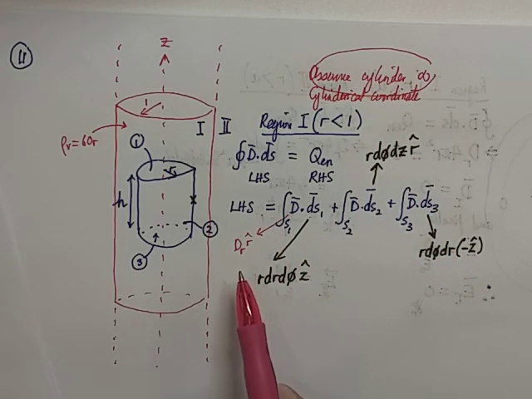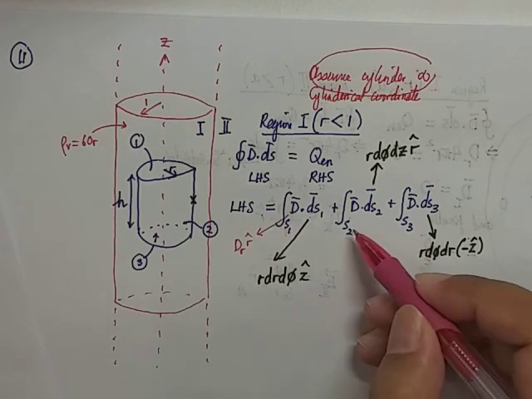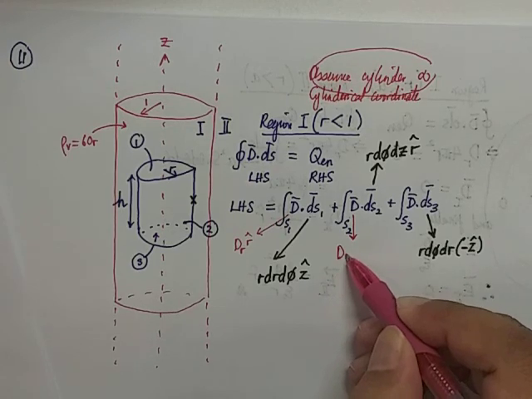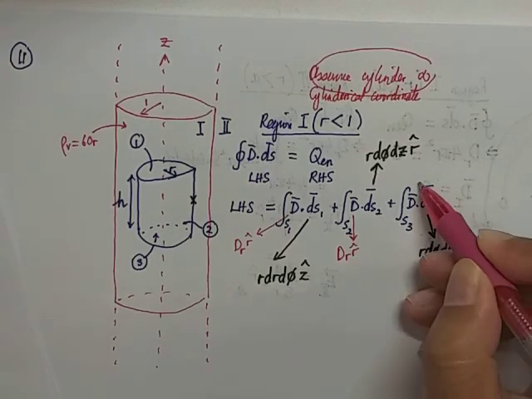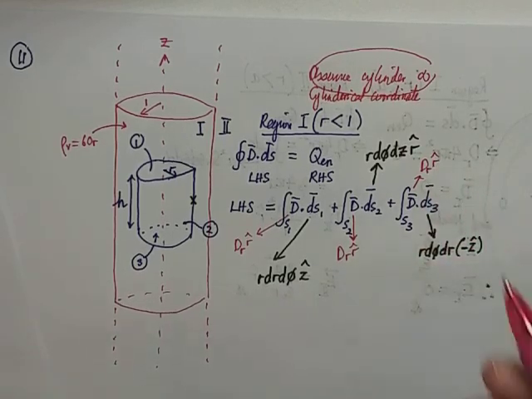This conclusion comes from our experience solving the infinite line charge problem in Coulomb's law before. Similarly, D here is the same, I'm going to make it Dr in the R direction, and here also Dr in the R direction, because we are dealing with the same type of source.